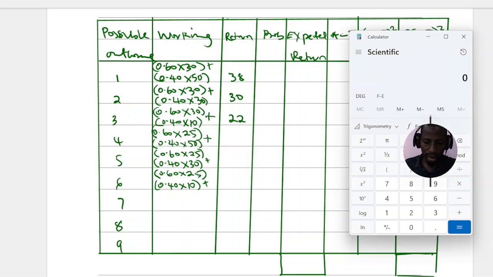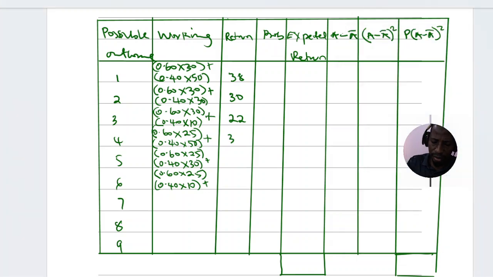Okay, let's do that. Bring out your calculator. Open a bracket, 0.6 multiplied by 25, close the bracket, plus open a bracket, 0.4 multiplied by 50, close the bracket, equal to 35. Here is 35.